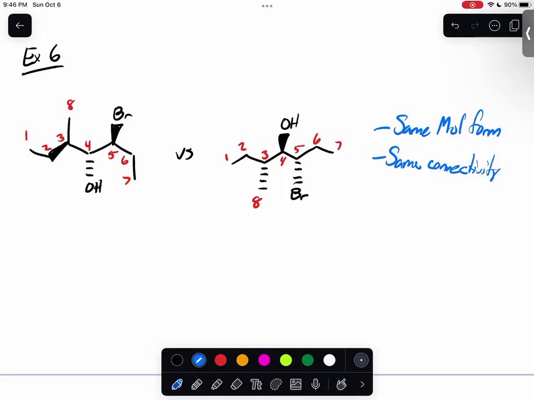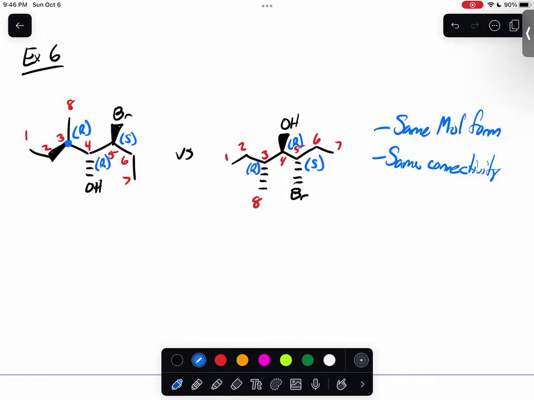Carbon number 3, this carbon right here, if we were to label this as R or S, we would find that this is actually R. The one with the alcohol off of it is also R, and then the one with the bromine is S. On the right-hand side, we have this molecule where the methyl is R, the alcohol is also R, and the bromine is S.